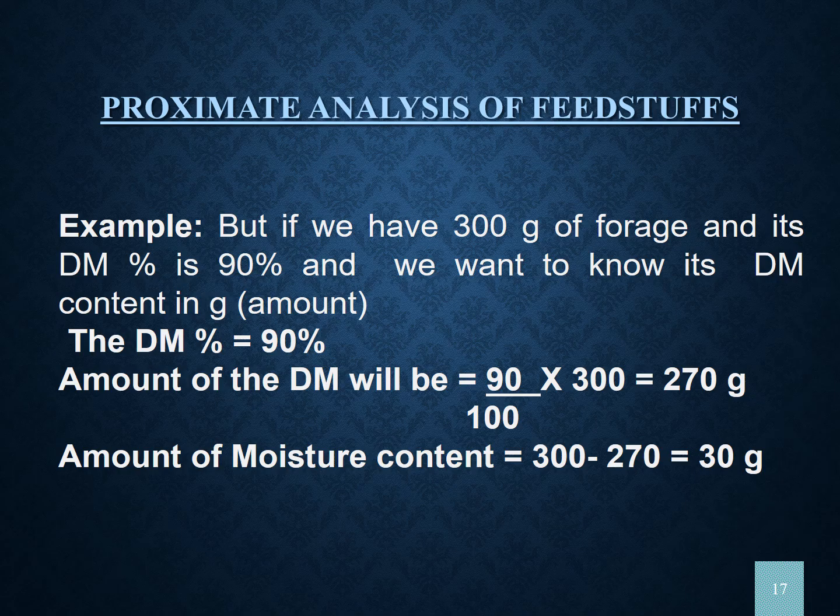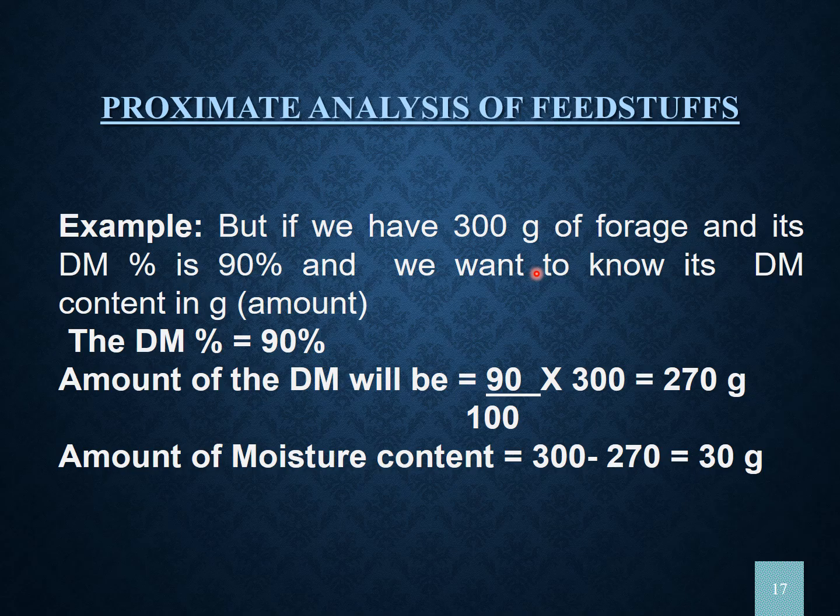Another example. If we have 300 grams of forage, and its dry matter percent is 90%, and we want to know its dry matter content in amount. Here we want to know the dry matter content in amount. We know the percentage of dry matter. Okay, we just want to know the amount of dry matter.